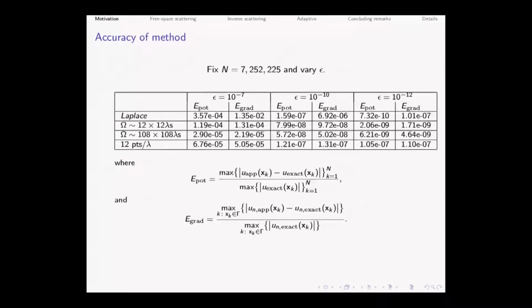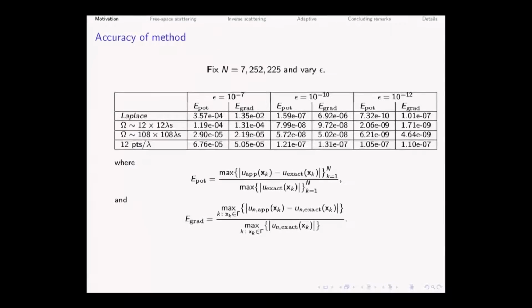But if you want, pretend we're here, and then we're in the land of almost single precision accuracy. So if I asked for 12 digits, I get 10 for Laplace. And you see that low frequency Helmholtz and even high frequency Helmholtz, I'm getting that accuracy with 7 million unknowns. But at 12 points per wavelength, I only get 7 digits of accuracy.